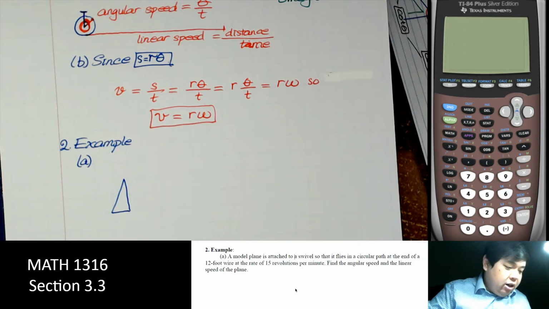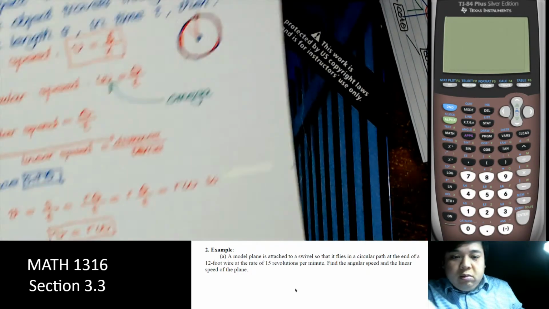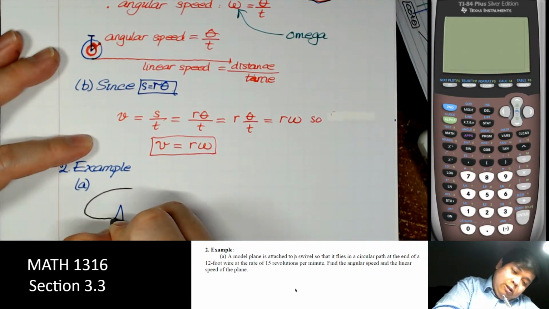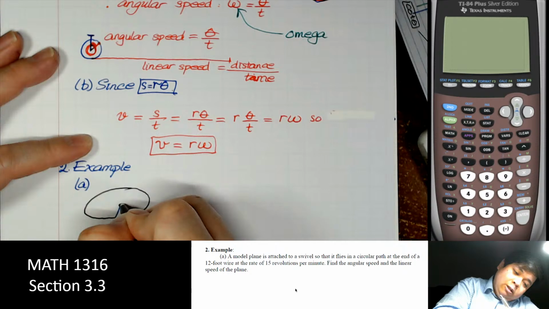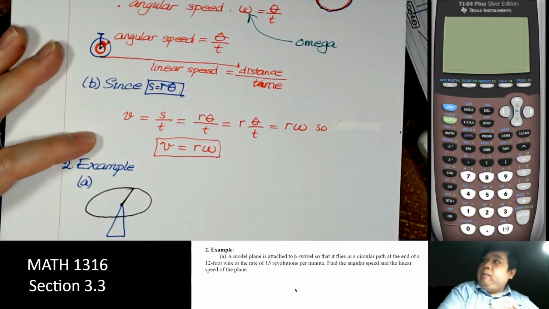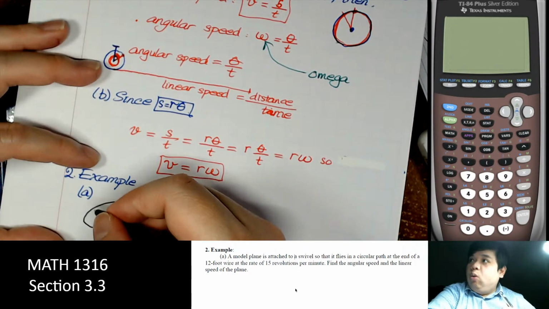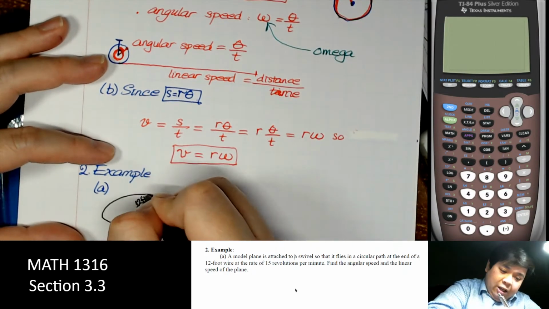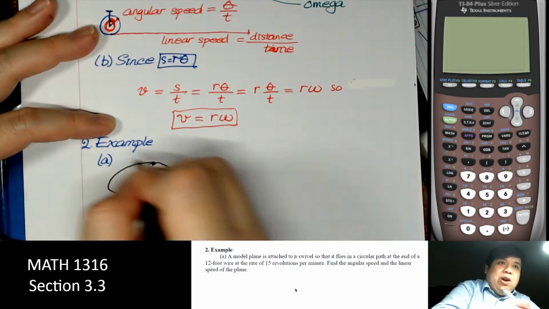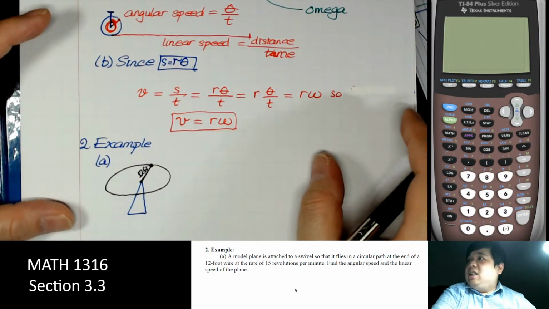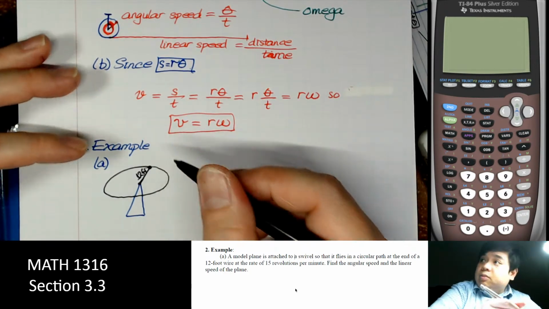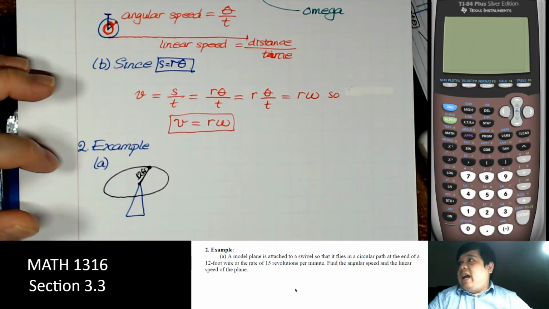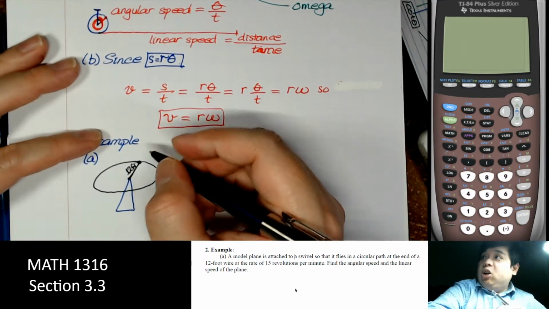We have a model airplane, a 12-foot wire, and the airplane just travels around and around, at 11 revolutions per minute. Find the angular speed and the linear speed. I think I'd better write this out too.